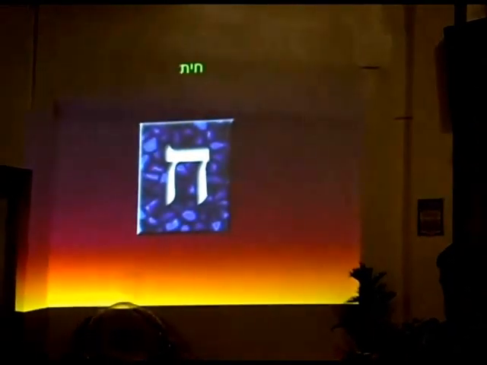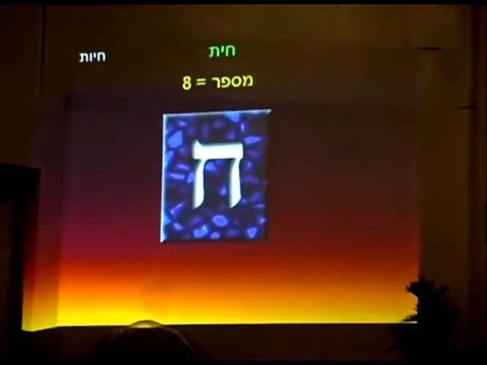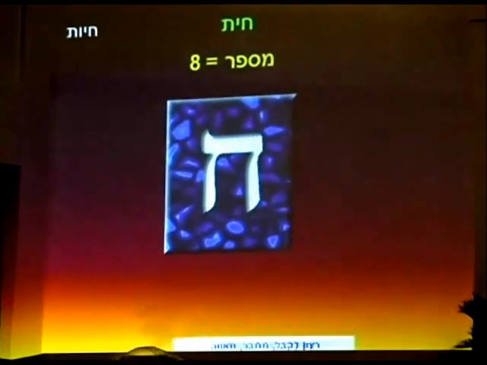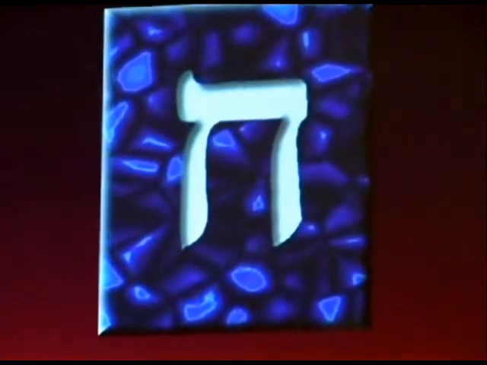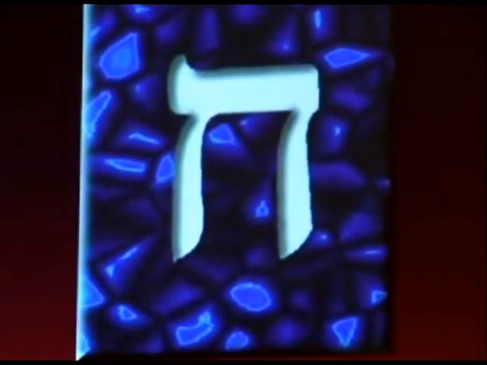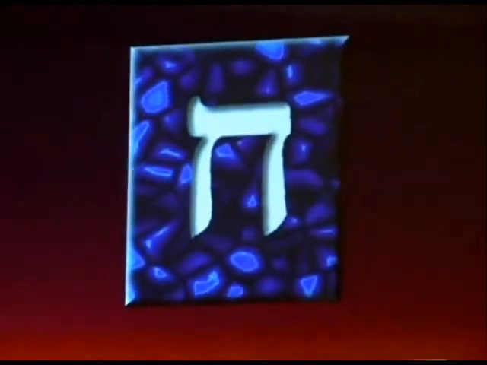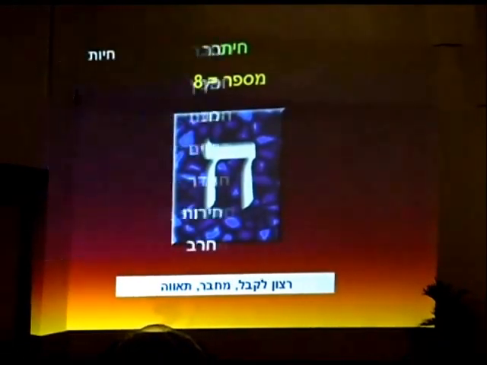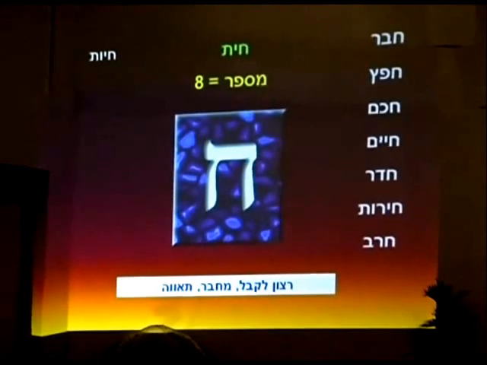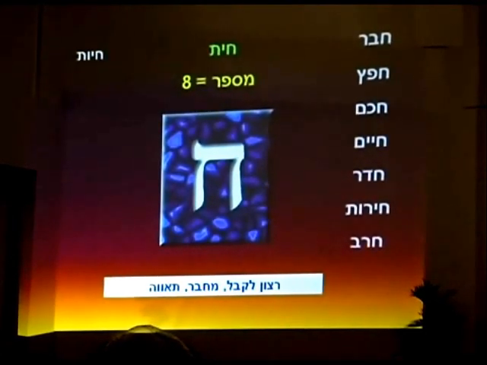Chet, number 8, is called chet because of life, chayut. This is the action of receiving, the opposite of zayin. Zayin gives, chet receives and connects and desires. So you find the letter chet at the beginning of words that are associated with these actions. Chaver, a friend who wants to have a friend. Chafetz or cheftz, the object of wanting or desiring.